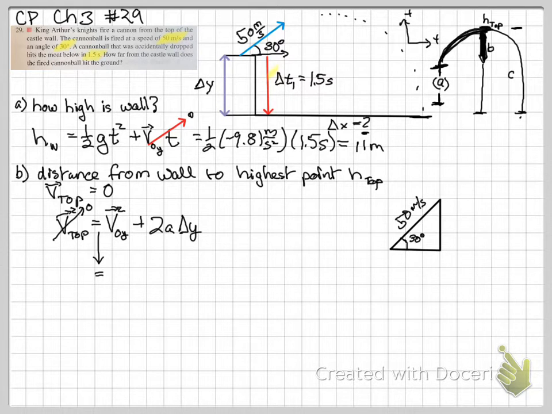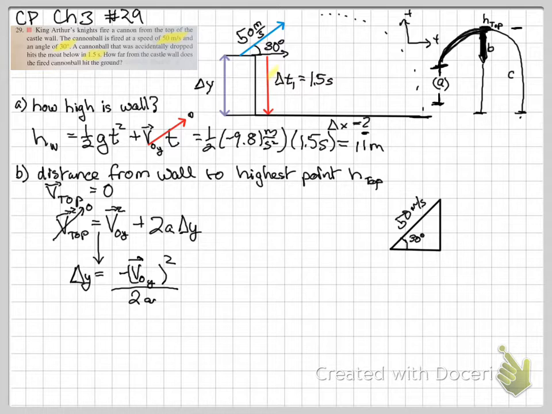I'm going to get an equation that looks like this. Delta y equals negative v naught y squared divided by 2 times a.